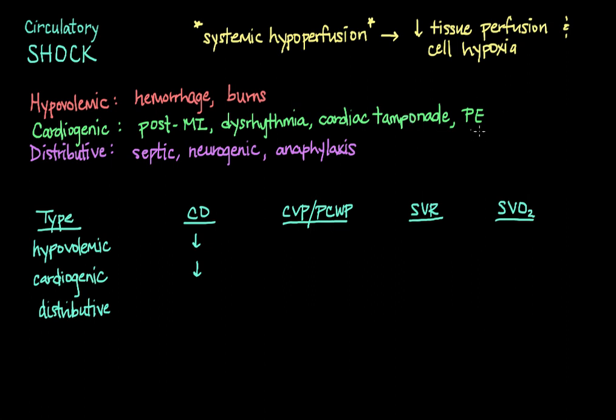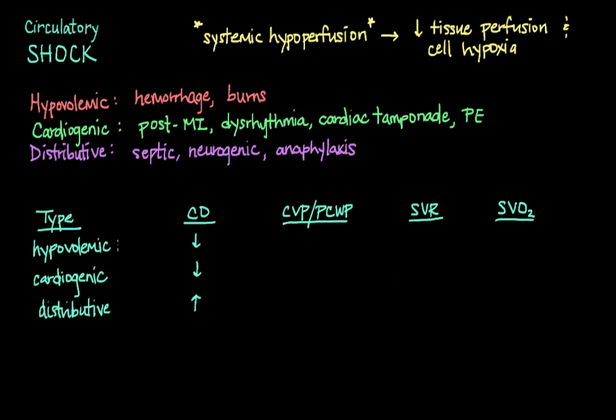And then remember with pulmonary embolism, there's outflow obstruction. And then in distributive shock, cardiac output is actually increased. And that's because the amount of blood is constant, but the rate at which the heart is pumping increases.